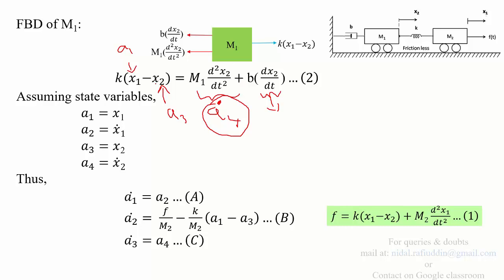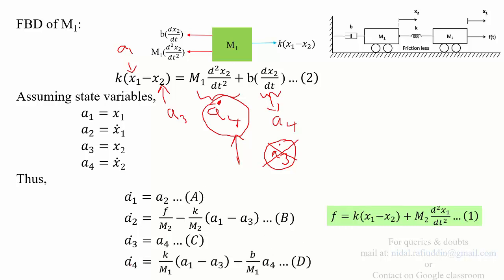Since you chose A4 dot here, you won't be choosing any dot or d by dt here. So x2 dot corresponds to A4. You'll be writing this as simply A4. You can write this as A3 dot, but this would become incorrect because you are required to find only one state change, and you already wrote a state change A4 dot. That is why this A3 dot is not required anymore. So A4 dot can be written in terms of variables A1, A3, A4.